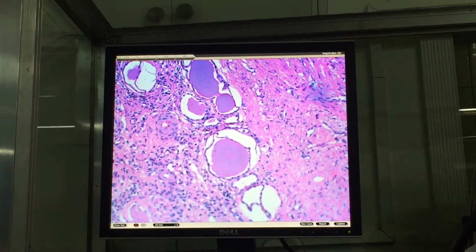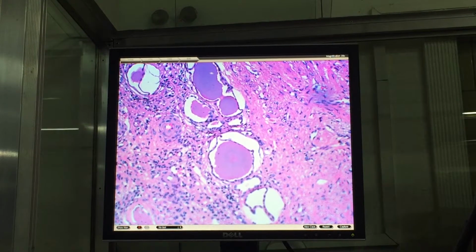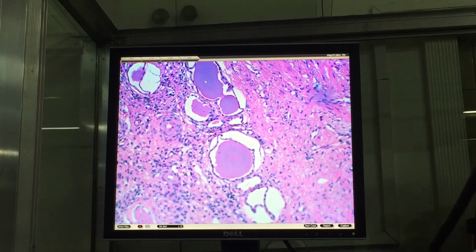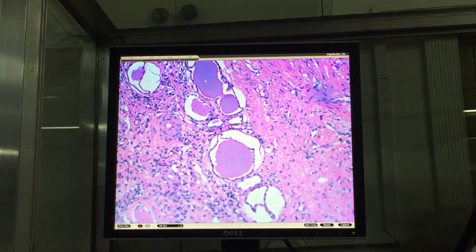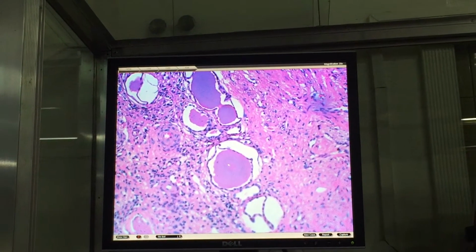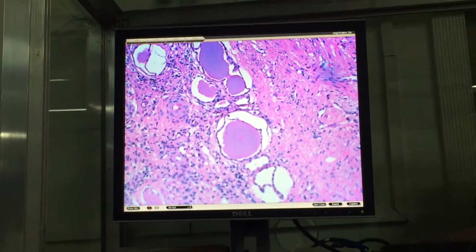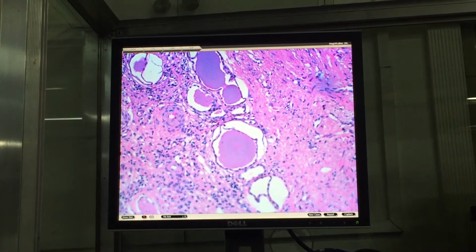What is the similar structure? It looks like what? Diba? Thyroid tissue. Okay? So this is the thyroidization of your tubules seen in chronic pyelonephritis.